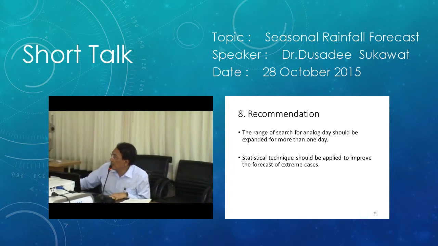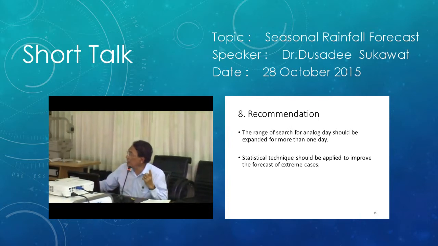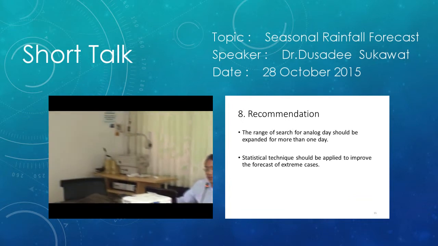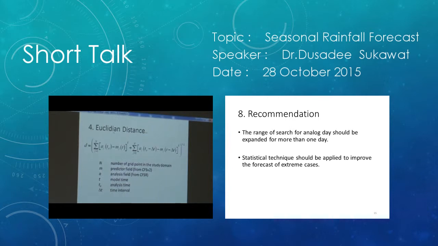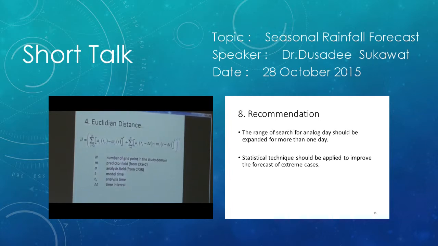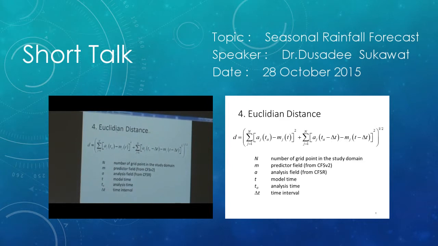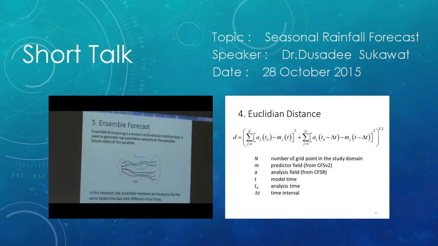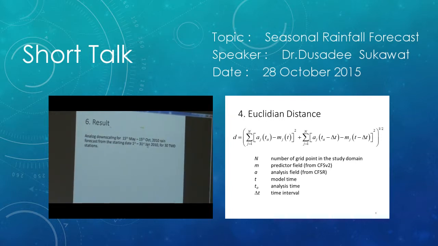Ensemble is, in this case, a set of forecasts. To find the analog day for any particular day I use, in each day, 4 forecast products, and so it's totally 8 products. Besides that, I use the forecast for the whole month of January.